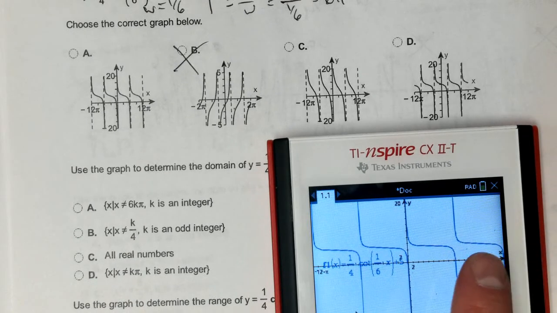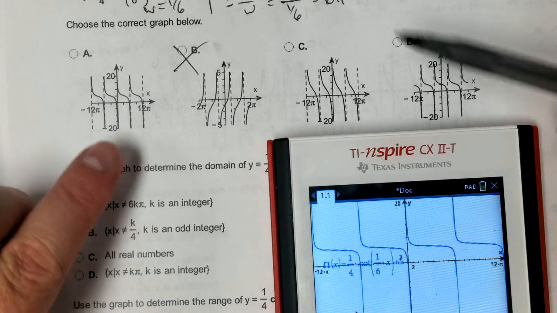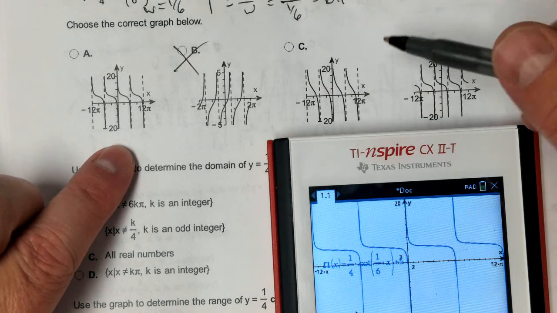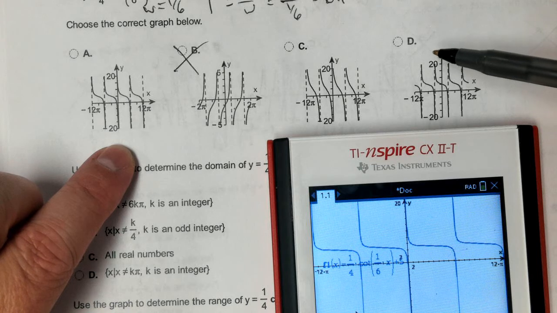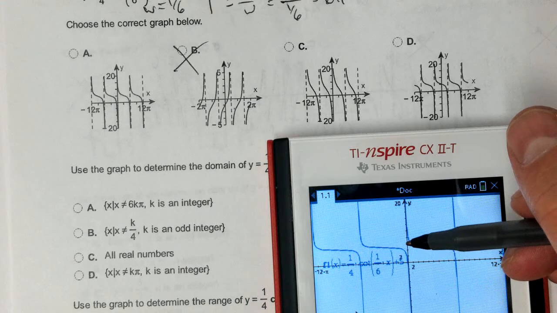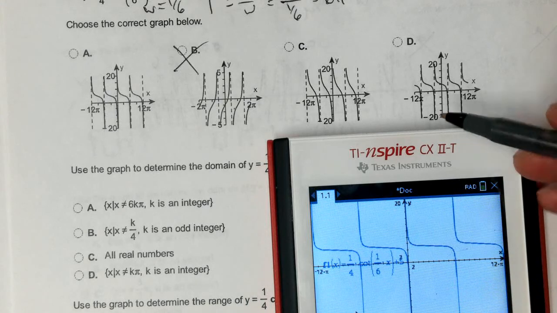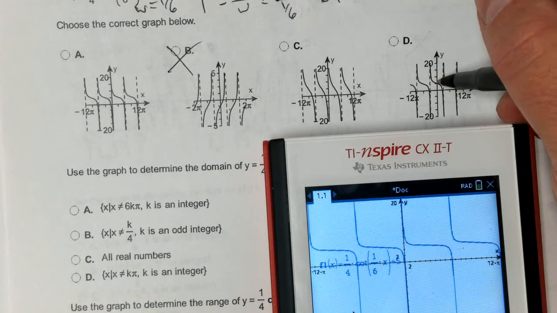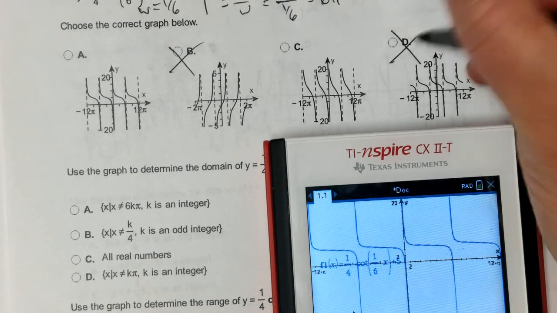So you can tell it's one of the ones that are decreasing in nature. At the y-axis there should be an asymptote, and this one crosses the y-axis, so it's not that one.